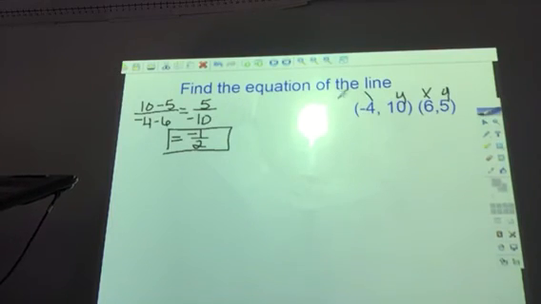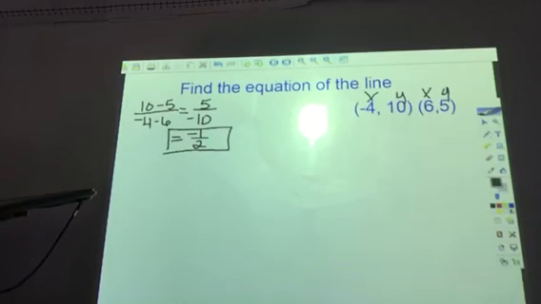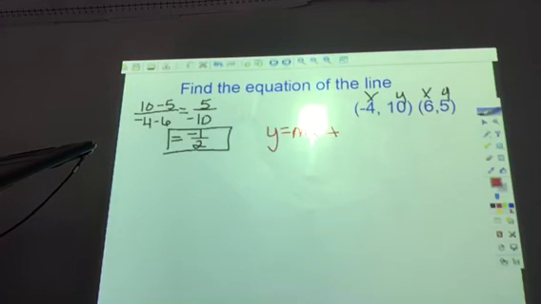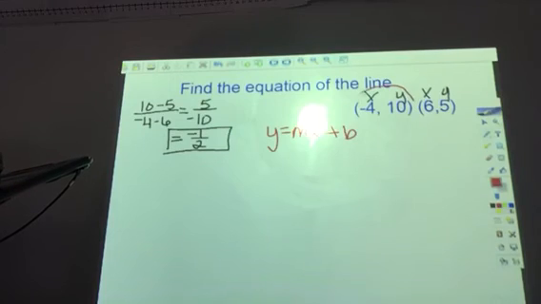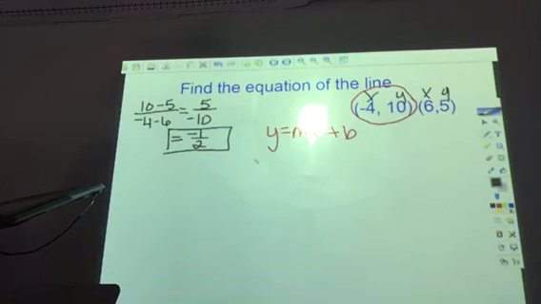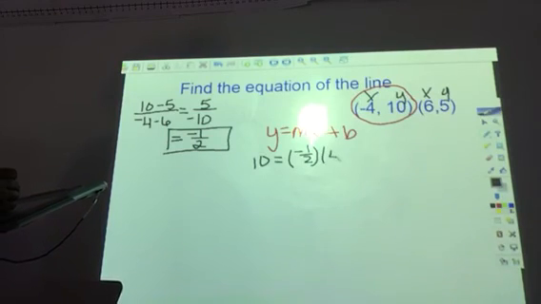Okay, so now, slope-intercept form is y equals mx plus b, and I'm going to have to choose a point. This time I'm going to choose negative 4, 10. Again, it does not matter which one. Therefore, I need to substitute. So this is going to be 10 is equal to negative 1/2 times negative 4 plus b.